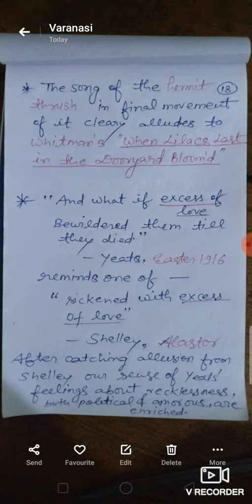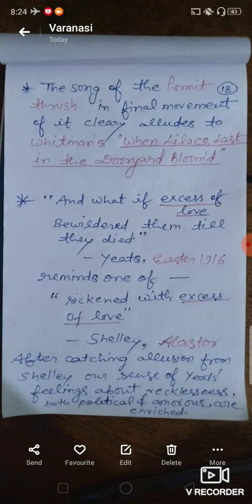So this phrase, excess of love, reminds us of Shelley's poem Alastor, where the poet is sickened with excess of love. When we can correlate, when we can connect, then we can get a better explanation of this. After catching the allusion from Shelley, our sense of Yeats's feelings about recklessness, both political and amorous, is enriched.